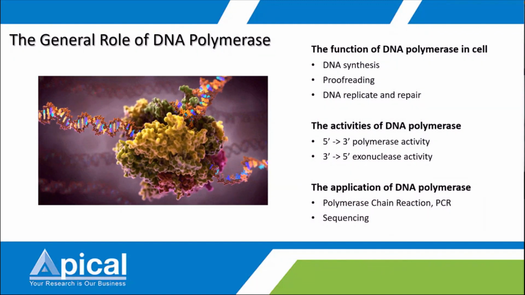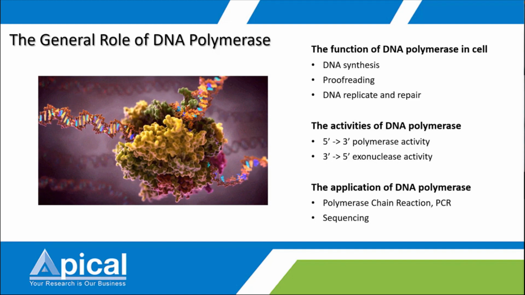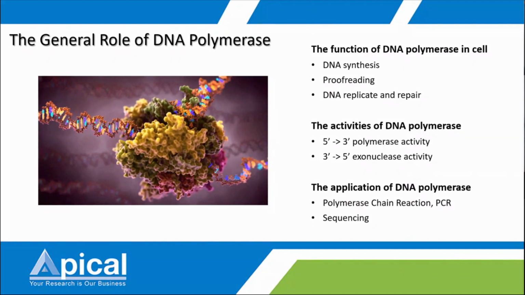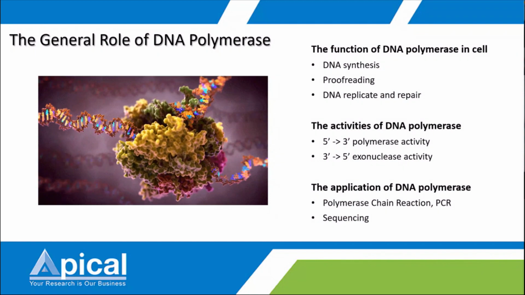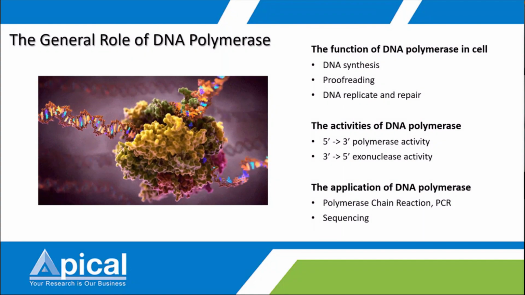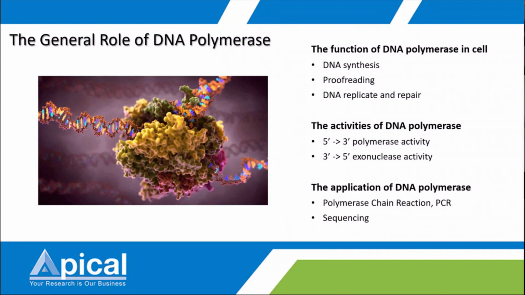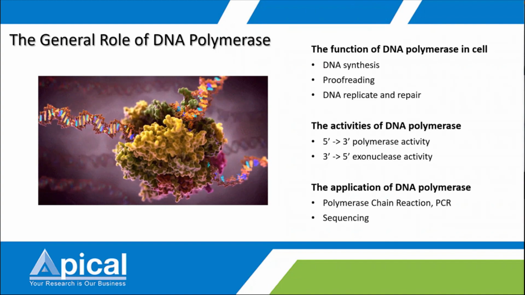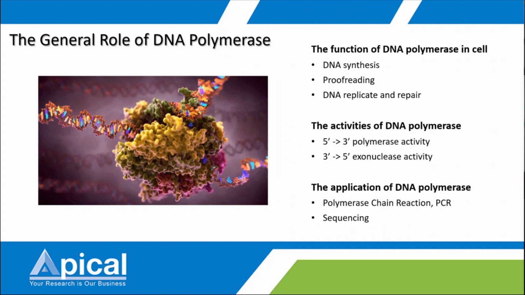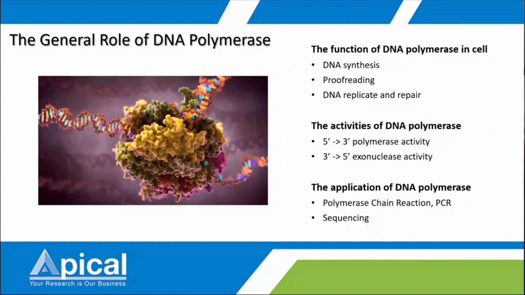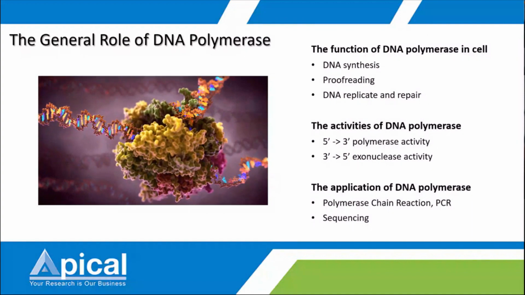This activity allows the DNA polymerase to check and correct errors in the newly synthesized DNA to prevent any mutation. This is called proofreading activity. I believe many of you have heard of proofreading activity before, but maybe you don't know that proofreading activity is also called the 3' to 5' exonuclease activity.